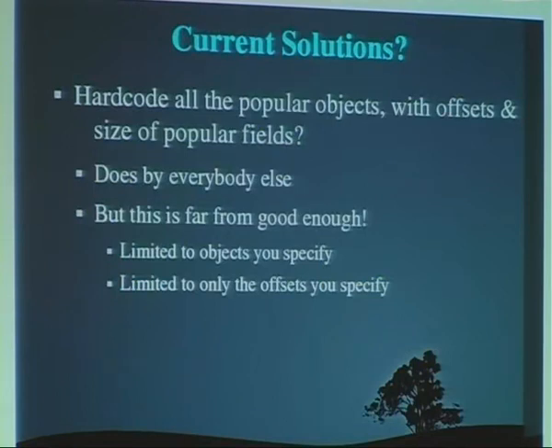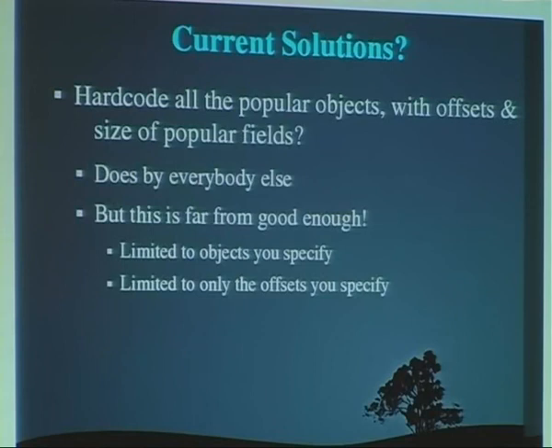So what is the current solution? There are many projects that try to locate objects and get information from those objects inside the memory, and they deal with the problem by hardcoding the popular objects in their programs. They also hardcode the offsets and sizes of the member fields they are interested in, and everybody does the same thing.